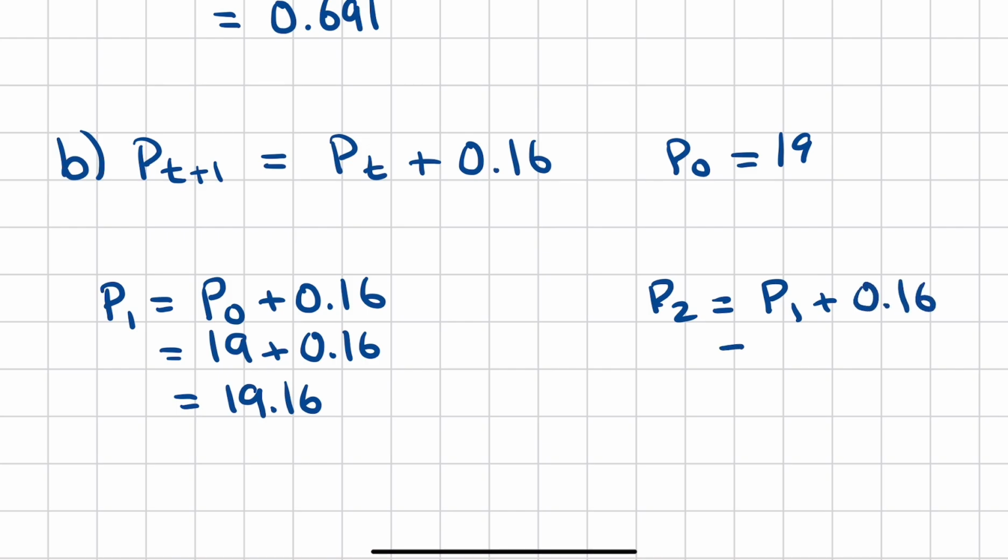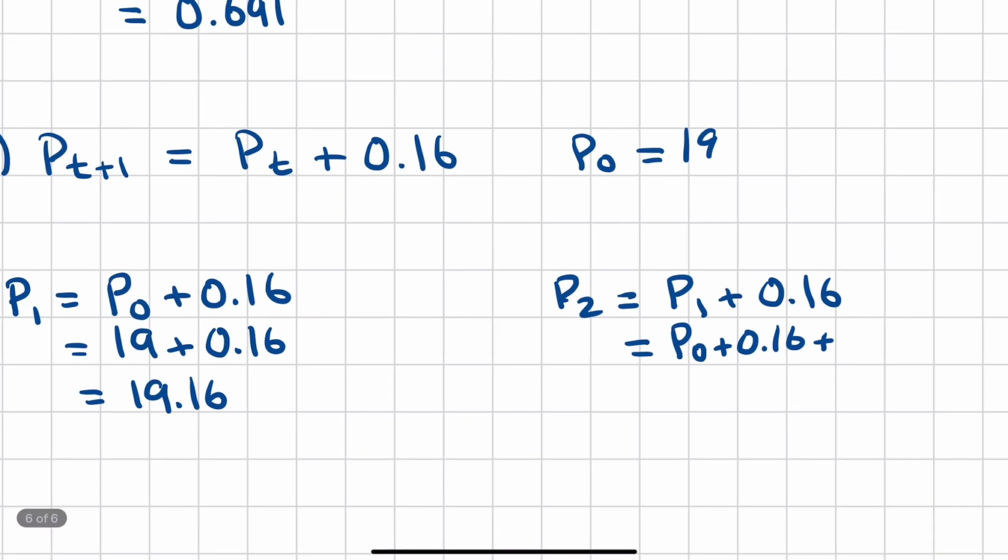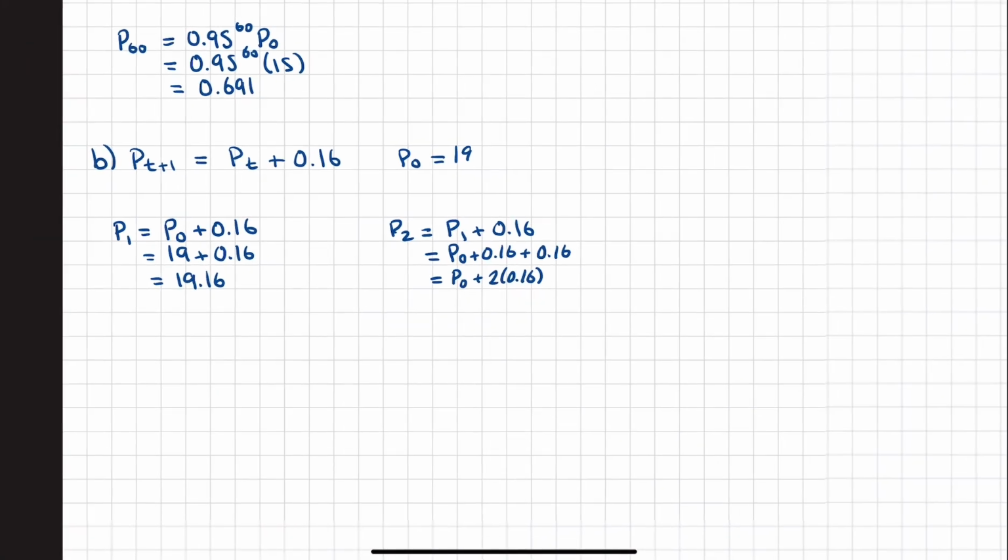But what else is p1 equal to? p1 is also equal to p0 plus 0.16. So really, we can just replace this with p0 plus 0.16 plus 0.16. This gives us p0 plus 2 multiplied by 0.16.